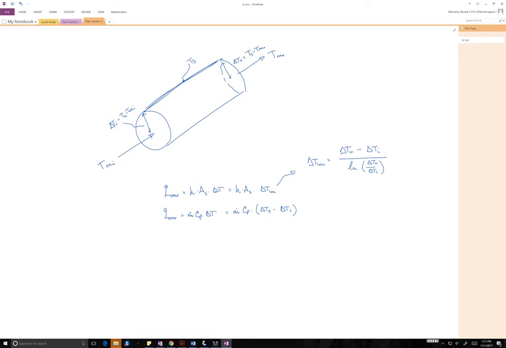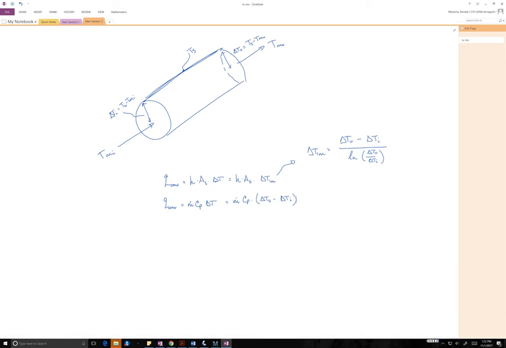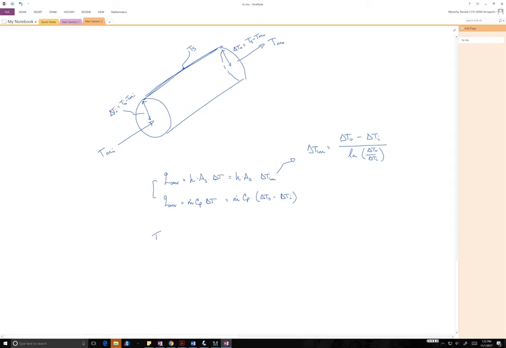So these are the two expressions that you're going to use for constant surface temperature. Again, it's quite a bit different than what you see for constant heat flux. If we combine these, if we set these two things equal to one another, what comes out is that the surface temperature minus the mean temperature at the outlet over the surface temperature minus the mean temperature at the inlet is equal to the exponent of negative perimeter times length, where this is the length, divided by our mass flow rate times our heat capacity, times our average convection coefficient.